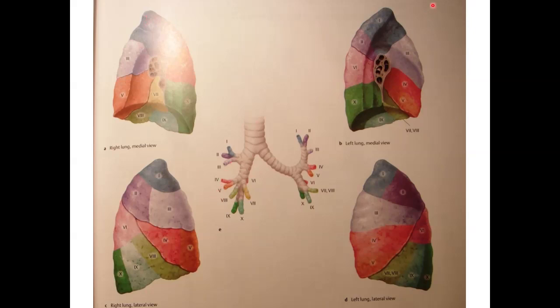And from the left side we can find here segmentum apico-posterior, united. This is segmentum apico-posterior, the result of union, fusion of number 1 and number 2.